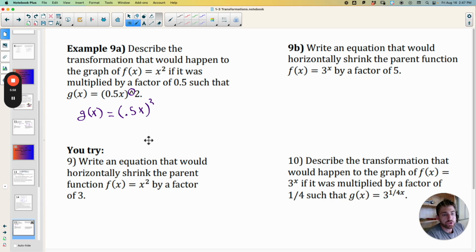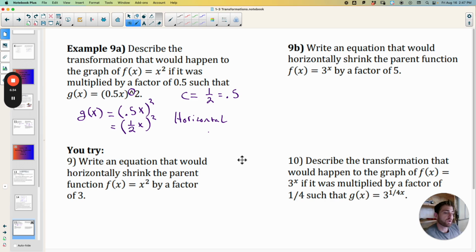Okay, so because the value is on the inside of the parentheses, and you might also see it written like this, 1 over 2x raised to the second. So because our c is equal to 1/2 or 0.5, because that value is less than 1 but bigger than 0, and it's on the inside of the parentheses, this is going to be a horizontal stretch or compression.